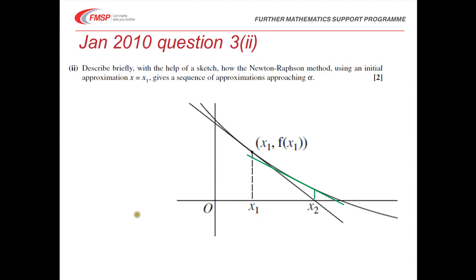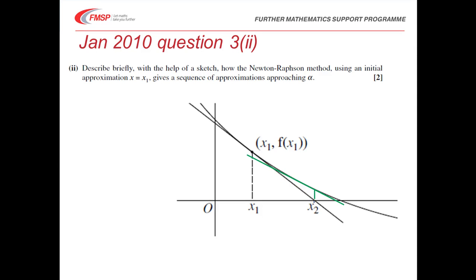So part 2. We're asked to describe briefly, with the aid of a sketch, how the Newton-Raphson method using an initial approximation of x1 gives a sequence approaching alpha. So we go up to our curve and we draw a tangent to the curve at x1, and where that meets the axis we were told was x2.